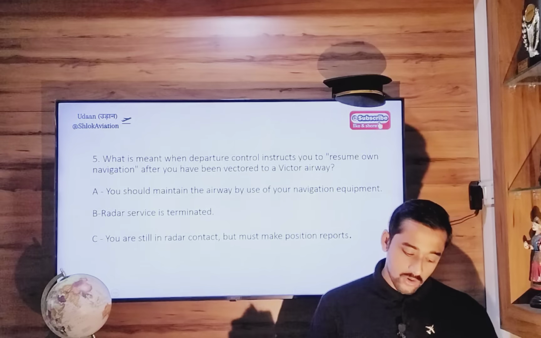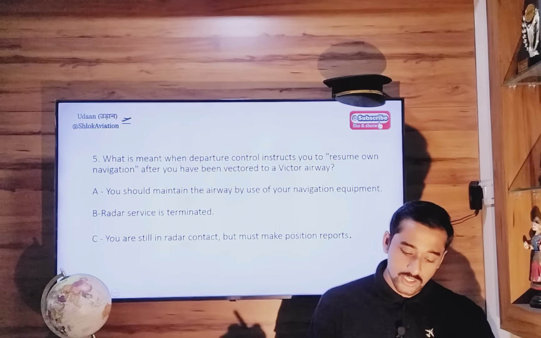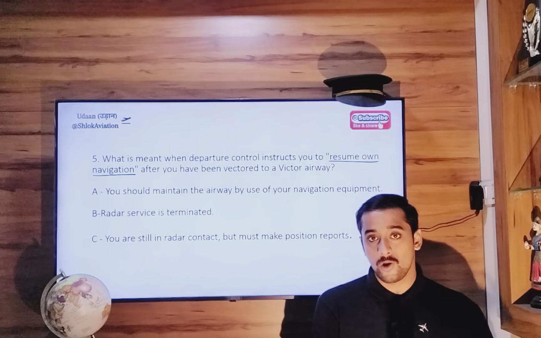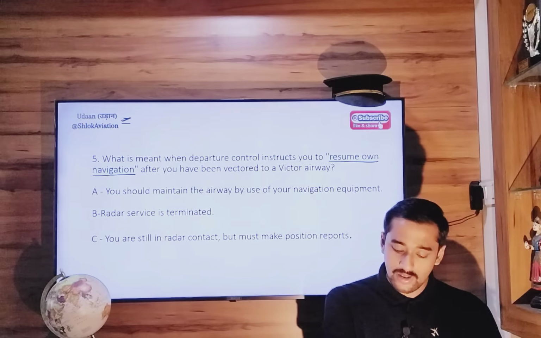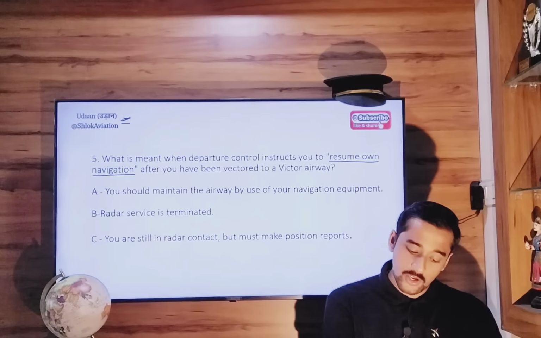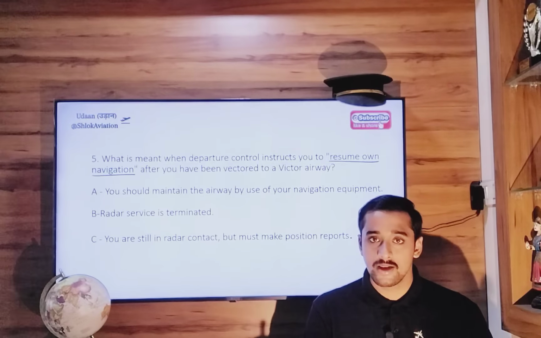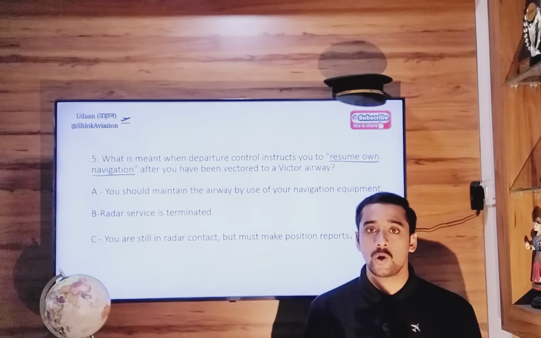Next, question number 5. What is meant when departure control instructs you to resume own navigation? Very important. If you have ever done flight following, radar following, you will hear this phrase often: resume own navigation. After you have been vectored to a particular vector airway or any other VOR radial, ATC will vector you up to that point, and from that point onwards, you are on your own.